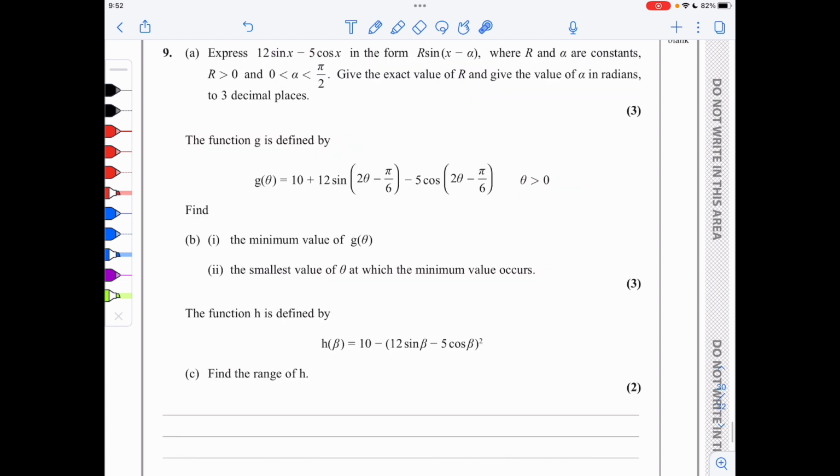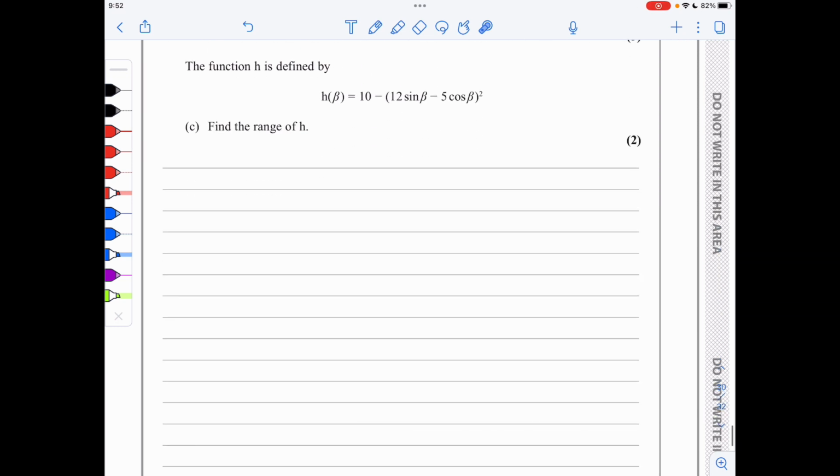In question 9, we start off by being asked to express 12 sin x - 5 cos x in the form R sin(x - α). So I will write 12 sin x - 5 cos x is R sin(x - α). I'll be using the addition formula, so this will be R sin x cos α - R cos x sin α.